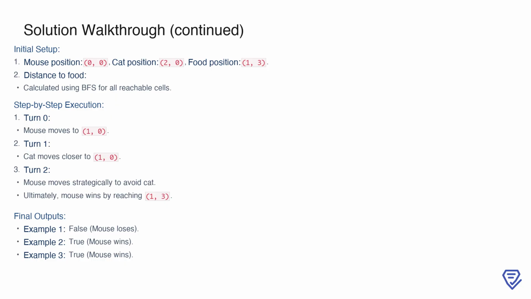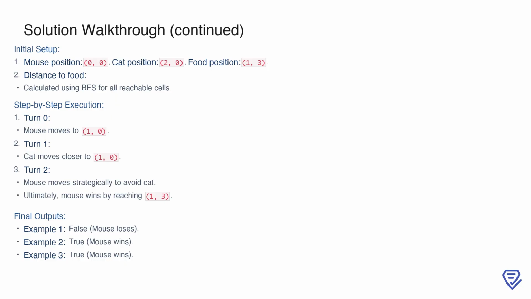On the next turn, the cat moves closer to the mouse's position, creating additional pressure. However, the mouse carefully chooses its subsequent moves to avoid the cat while progressing toward the food. Ultimately, the mouse reaches position 1, 3, securing a win. This example highlights the importance of strategic movement and how the mouse can navigate around obstacles in the cat's pursuit to achieve victory.